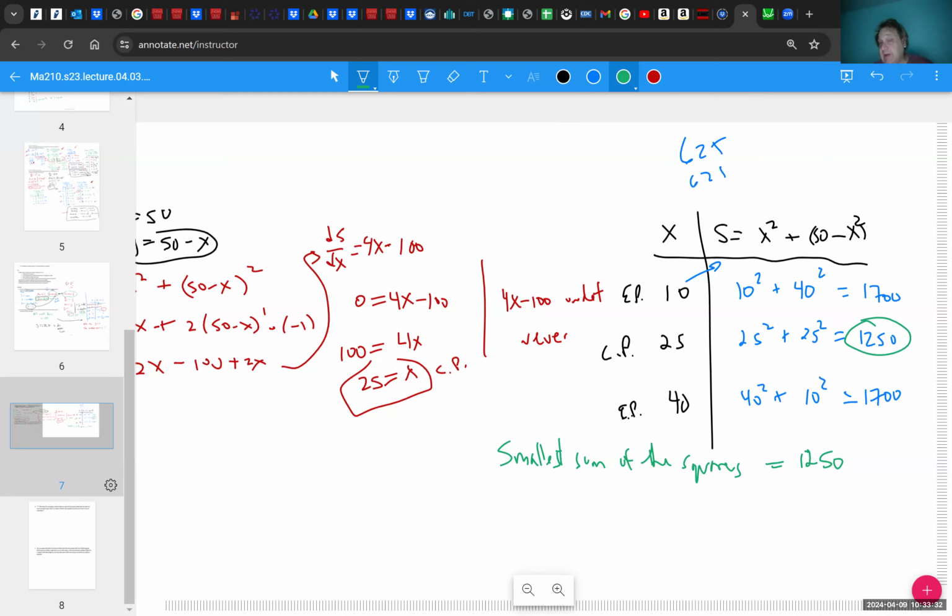And that occurred when x was 25, by the way. So if x equals 25, it gives the smallest possible sum, but the answer is always the y value. The smallest sum is 1250. The smallest sum is not 25. That's just the x value that happens to give the smallest sum.